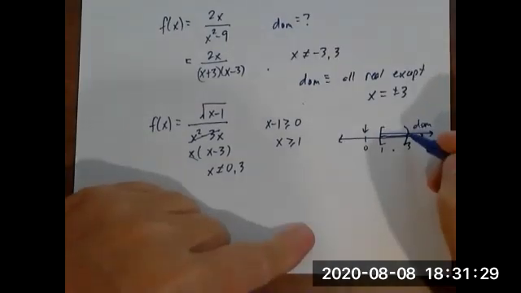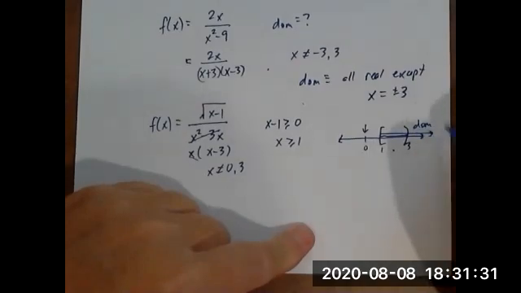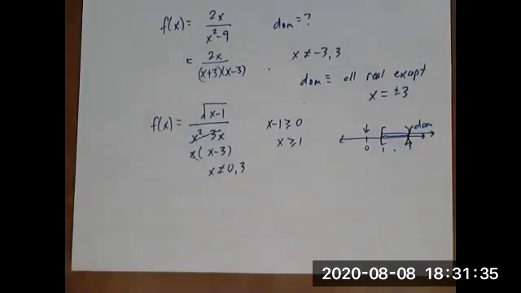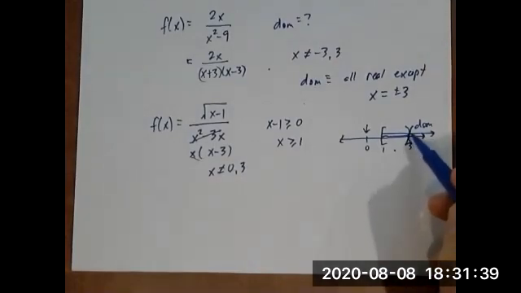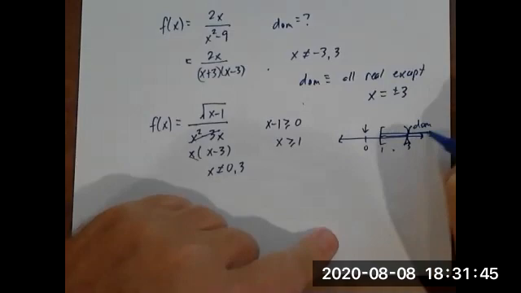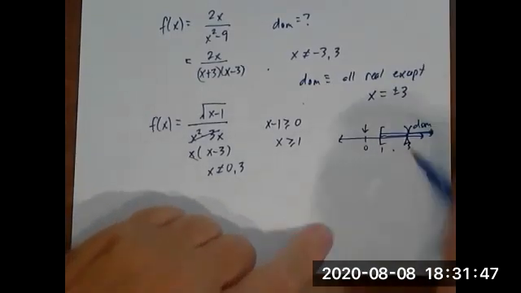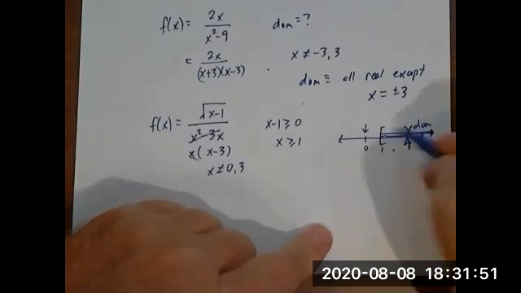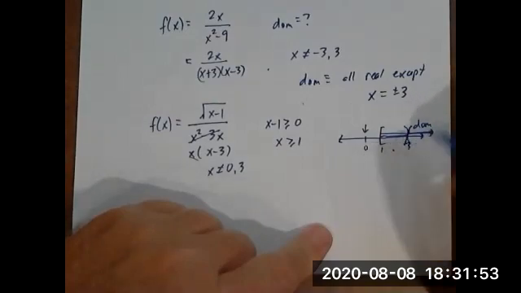But then I need to jump over this 3 and keep going. So you put another parenthesis there. These two parentheses back to back indicate we skip over the number 3 and then we just keep going, which says everything from 1 to 3, not including 3, is fine, and everything larger than 3 is fine.